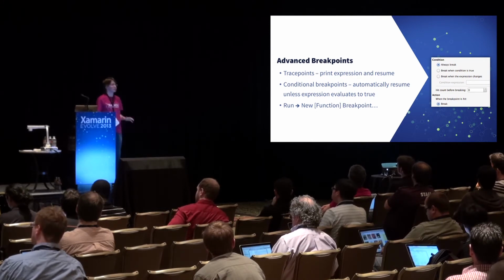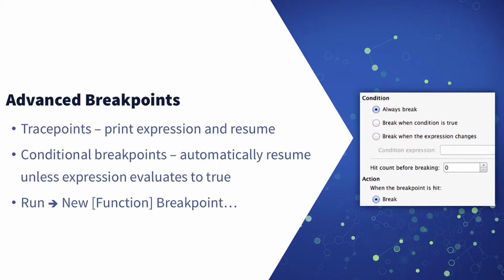That is useful because you can do the equivalent of console write-line debugging without actually rebuilding your project. You just add a trace point, put the expression, it will evaluate it, print it. You get to all of those from the context menu on the breakpoint and the breakpoint properties.